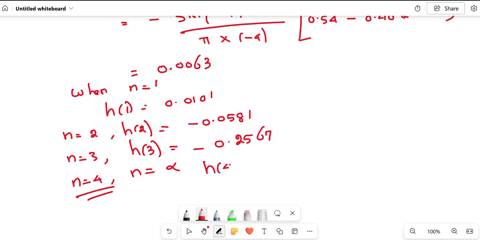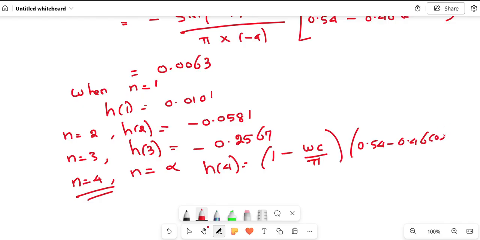When n is equal to 4, in that case the formula for h of 4 will be 1 minus omega c by pi into 0.54 minus 0.46 cos n pi by 4.